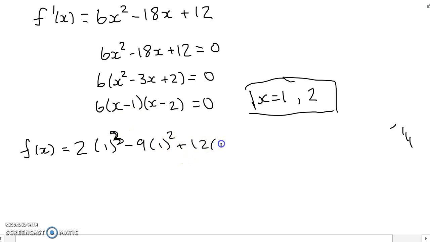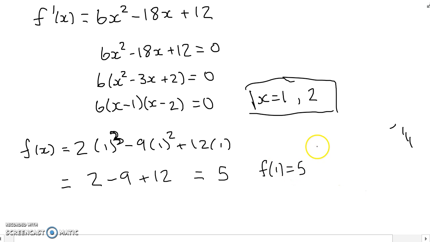Plus 12 times 1 would equal 2 minus 9 plus 12, which equals 5. Therefore, f of 1 equals 5. You would do exactly what I just did, but instead of 1, you would do 2, and you would get f of 2 equaling 4.